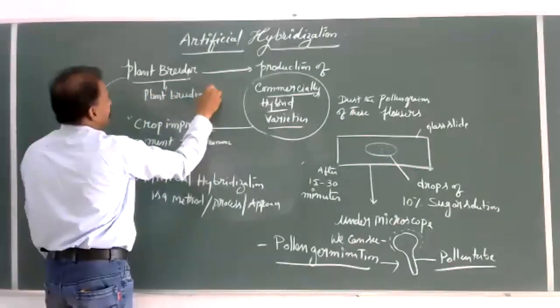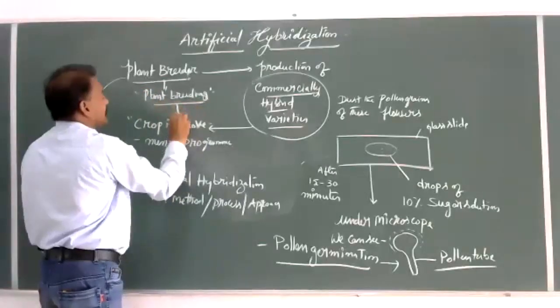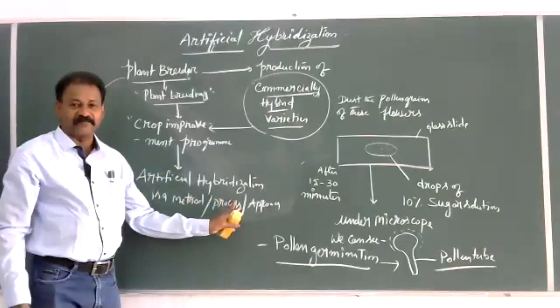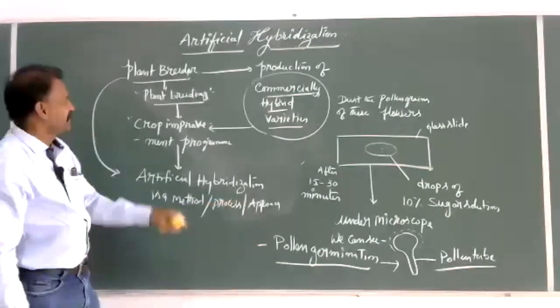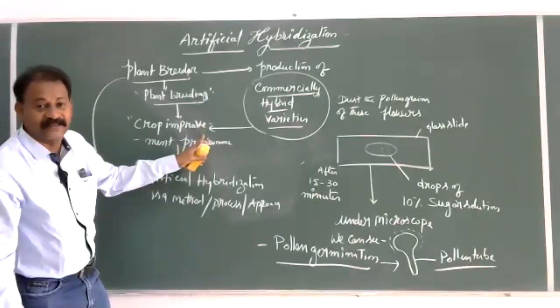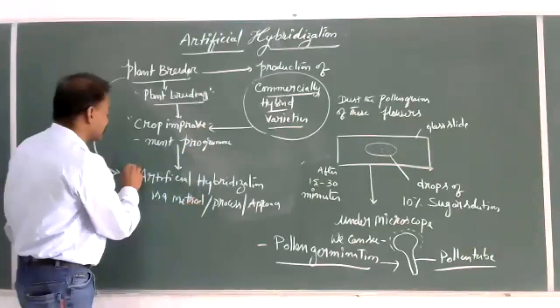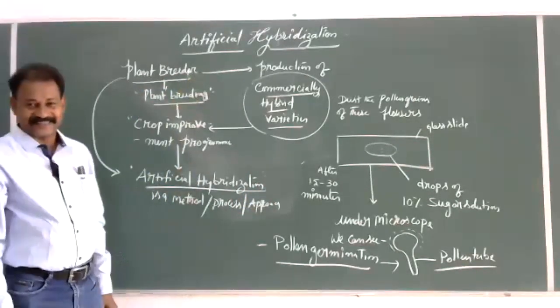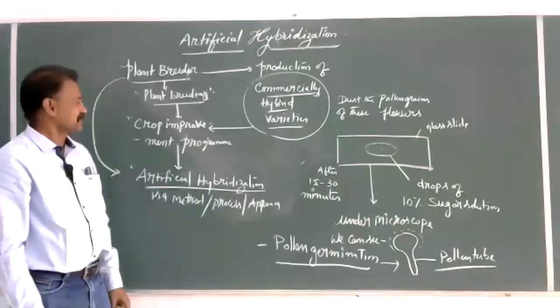In plant breeding, the science that deals with the improvement of crop plants by the artificial hybridization process, the people who do plant breeding, improvement of crops or artificial hybridization, are considered plant breeders.